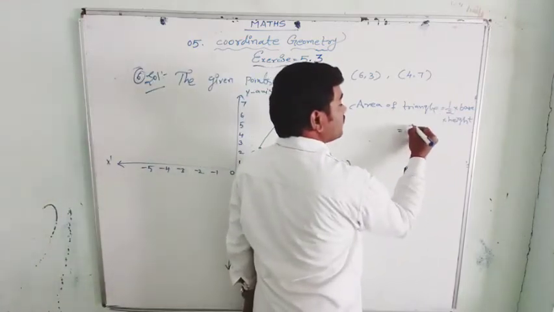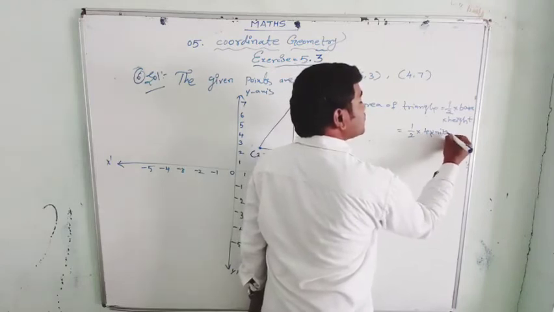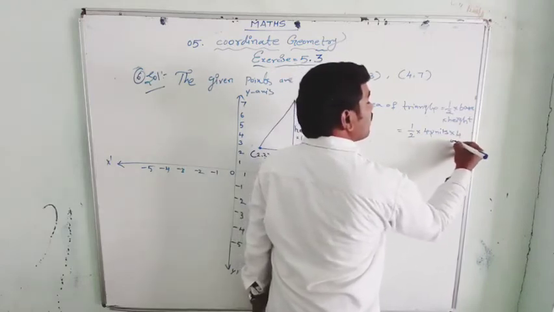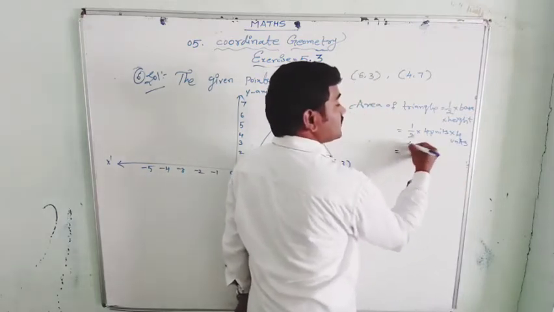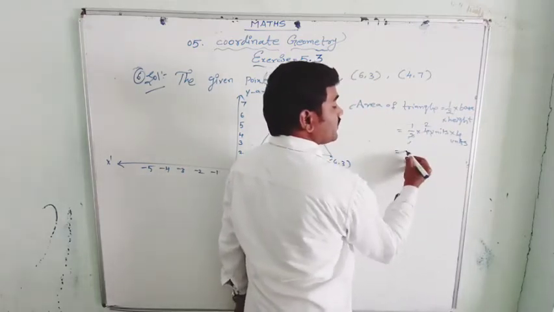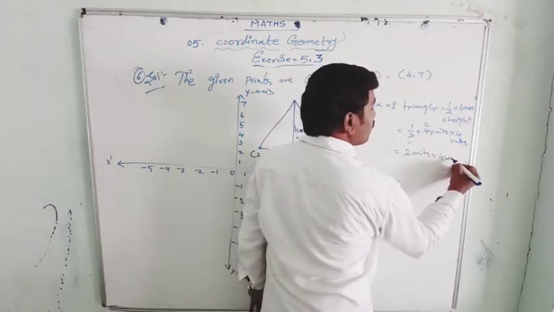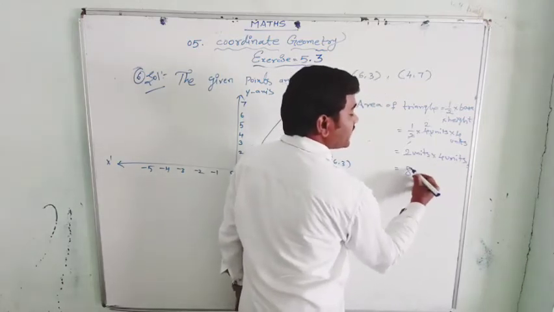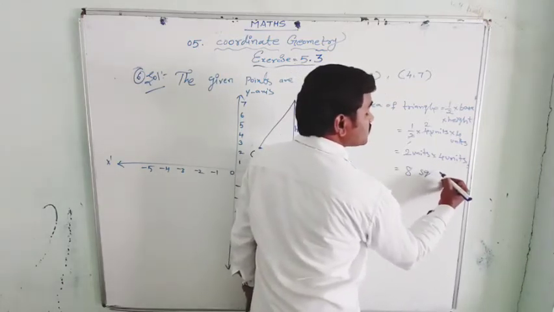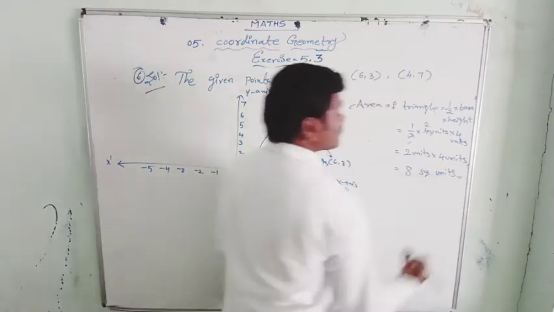Let us substitute here: 1/2 into base, that is 4 units, height is 4 units again. So 2 ones are 2, 2 twos are 4. The leftover is 2 units into 4 units, that equals 8 square units.